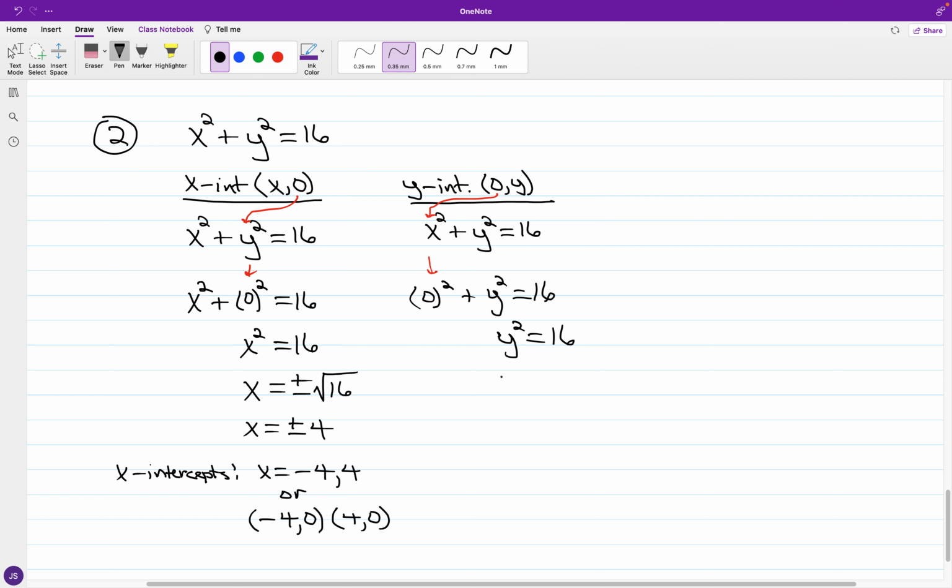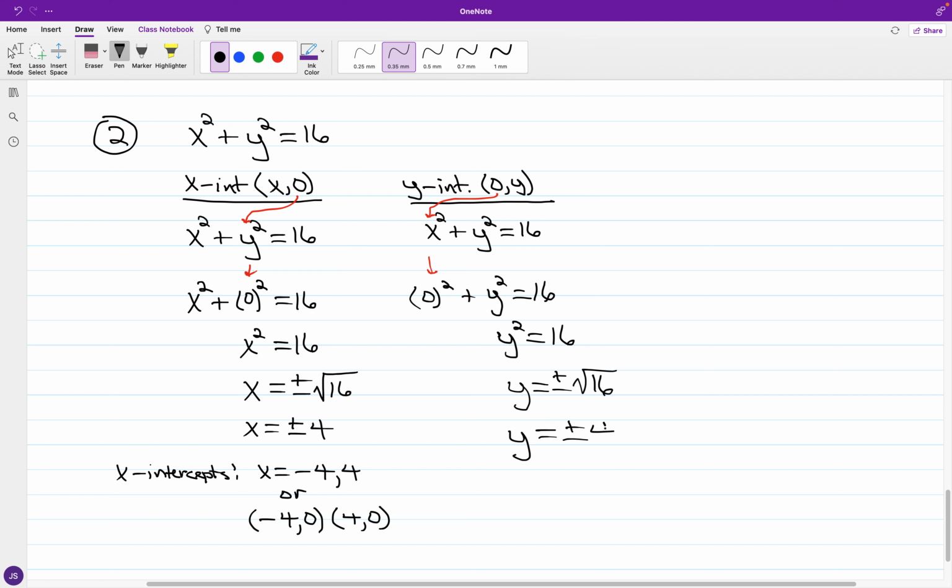The follow-through will have a lot of similar history repeating. This time I'm going from y squared to y. If I go with the square root property of equality once again, just as x comes out to plus and minus 4, y does likewise. So y is equal to plus or minus 4.